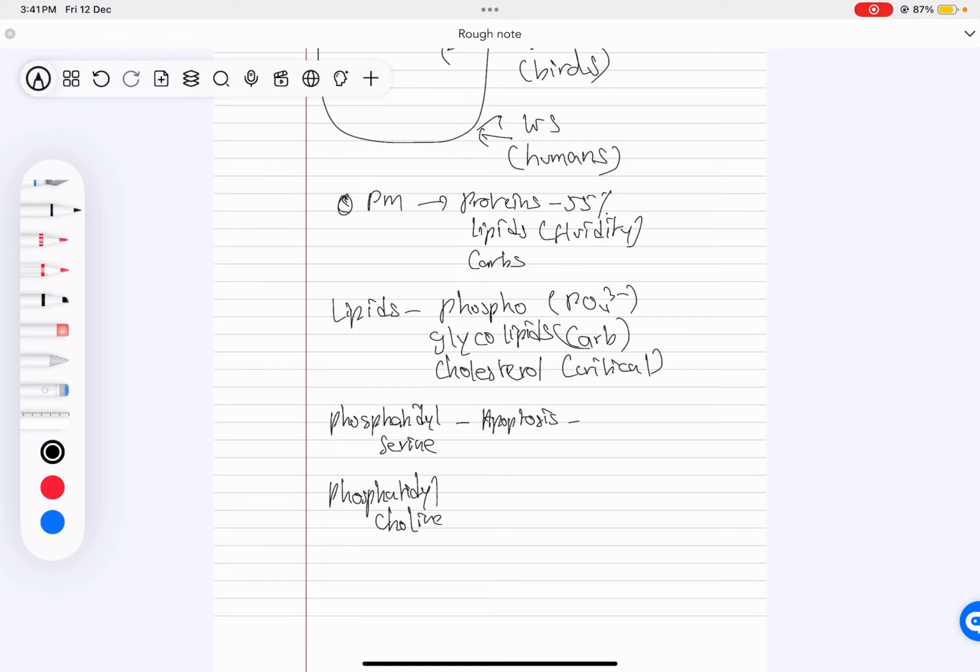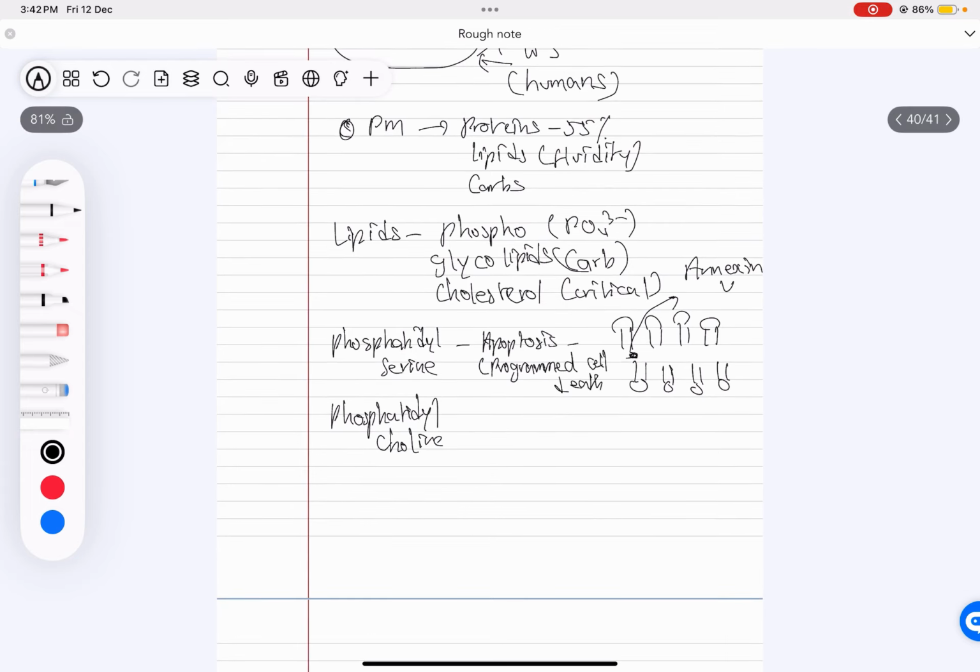Usually, if this is the plasma membrane, phosphatidyl serine will mostly be on the inner side. When the time for apoptosis comes, it will come out, and annexin V will recognize this, and apoptosis will start. Apoptosis means programmed cell death, so the unwanted cells are killed by this method.